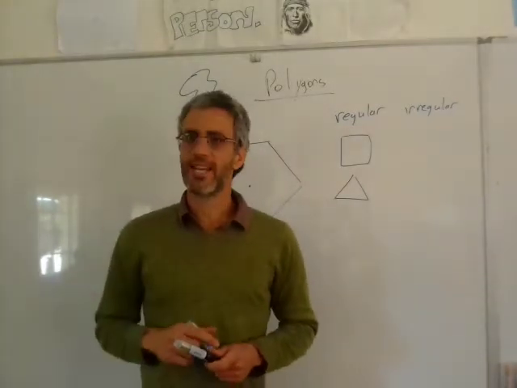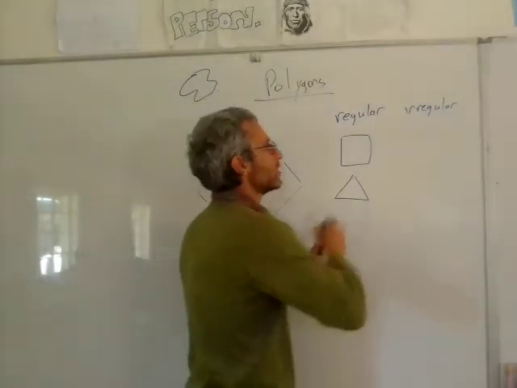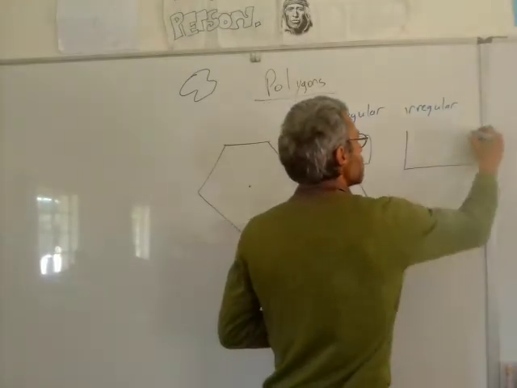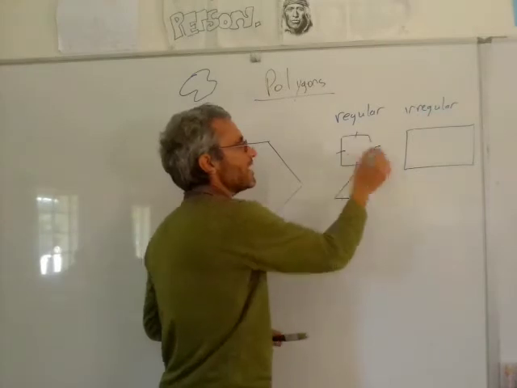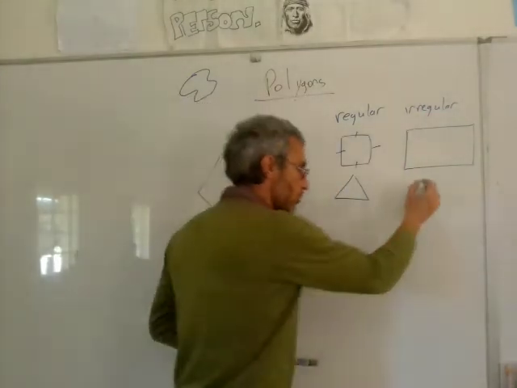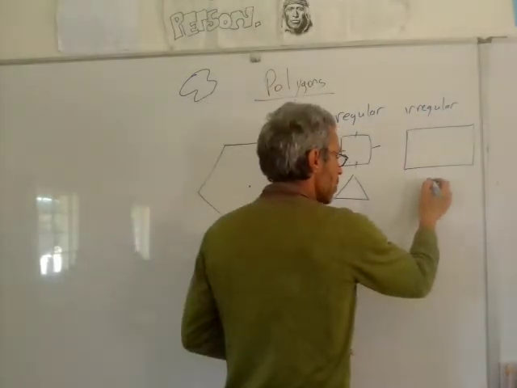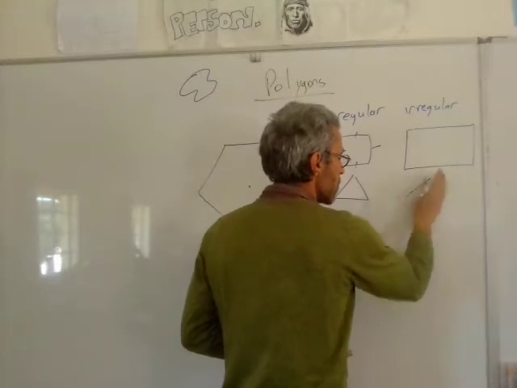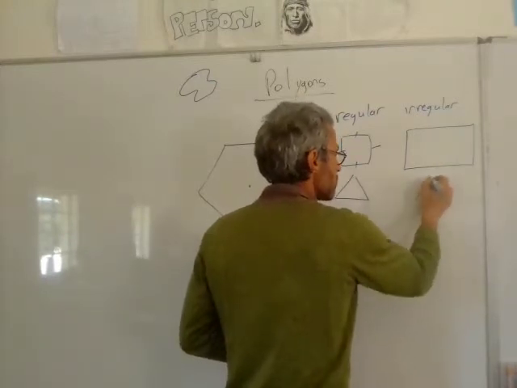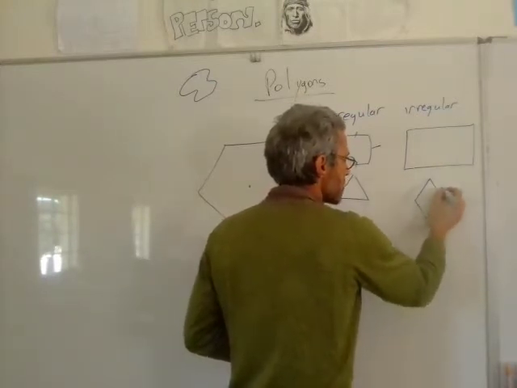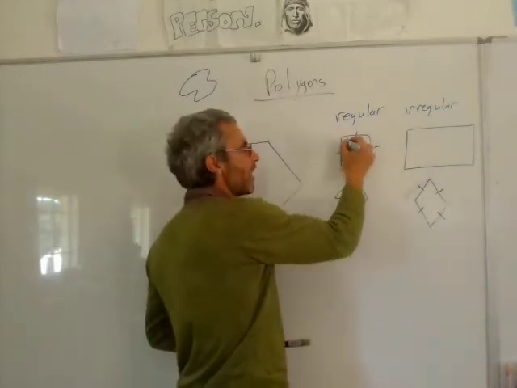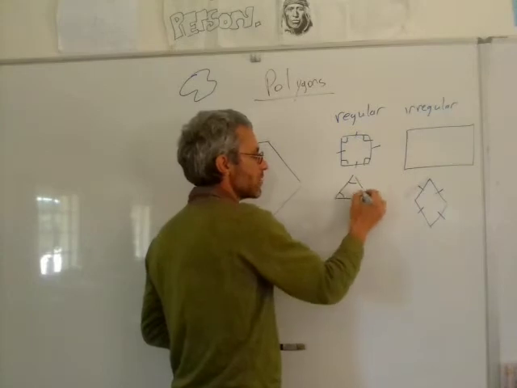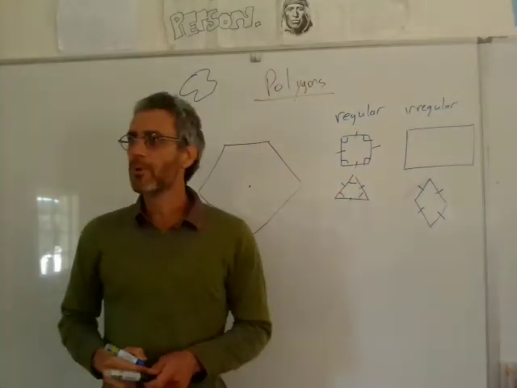A rectangle, all the angles might be equal, but all the sides are not equal, so that is irregular. A rhombus is also irregular because not all the angles are equal. So all the sides must be equal and all the angles must be equal. Are we happy with that?